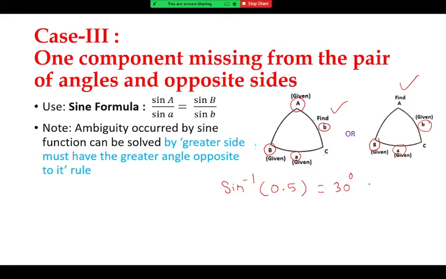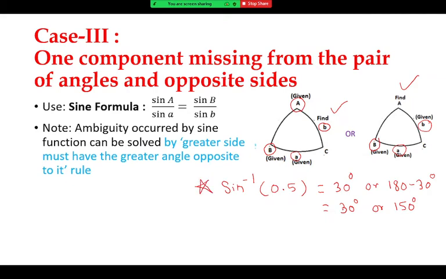There is one more answer, which can be written as 180 minus 30. That means sine inverse of 0.5 is 30 degrees or 150 degrees. Remember, whenever you take a sine inverse, you will get one acute angle and one obtuse angle, and we have to select only one of them, depending on the situation. Whichever angle suits our problem gives us the answer.